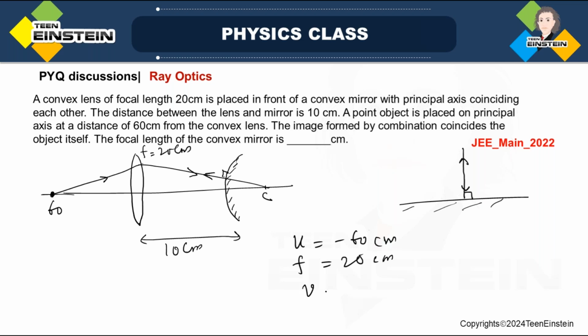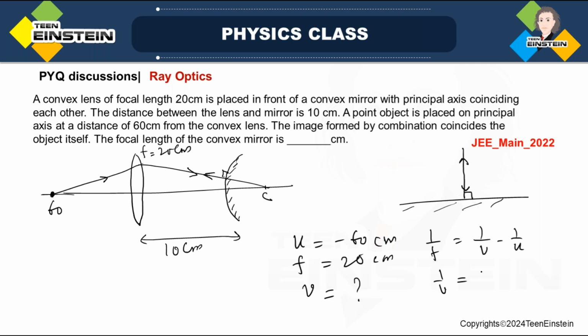Then what is v for the image formed by the lens? So that we have to find out first. We know 1 over f is equal to 1 over v minus 1 over u. So 1 by v I have to find out.